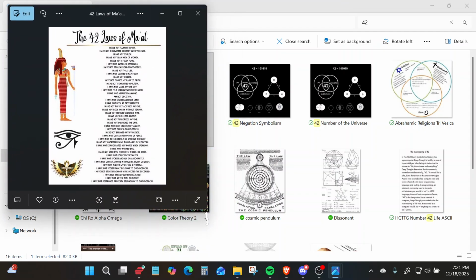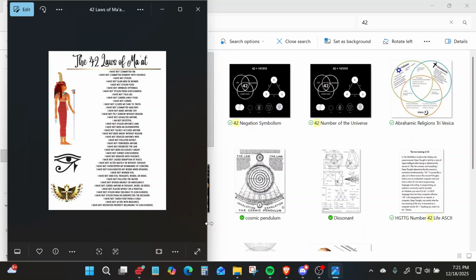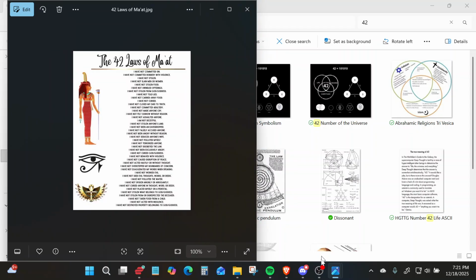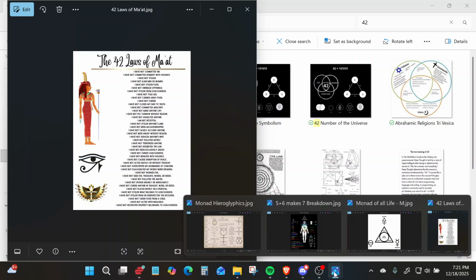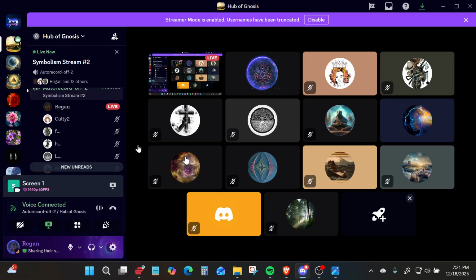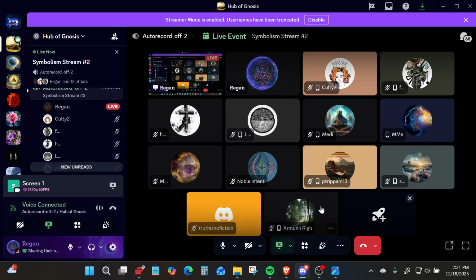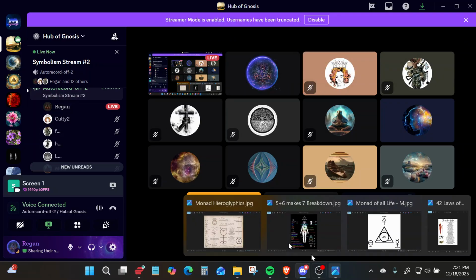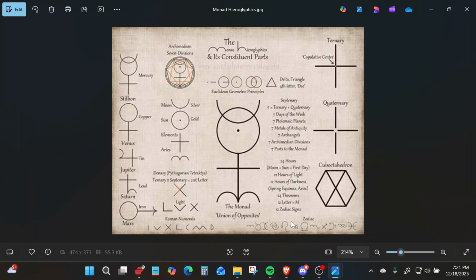I agree. I think the odds are very slim. Slim for what? Of this collection of people meeting. I think it's cool though.